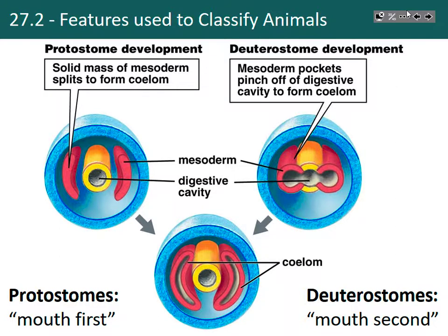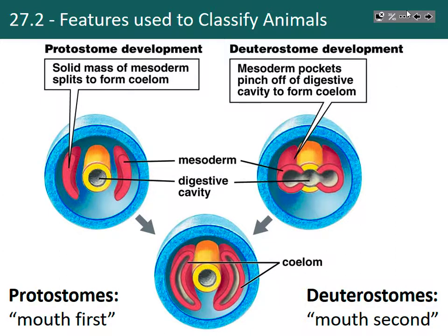And then lastly, we classify animals using the terms protostomes and deuterostomes. And these only apply to things that have a mesoderm layer. So they only apply to triploblastic organisms. And it has to do with how the mesoderm develops. So in protostome development, a solid mass of mesoderm splits and then it grows in opposite directions and ultimately joins up.